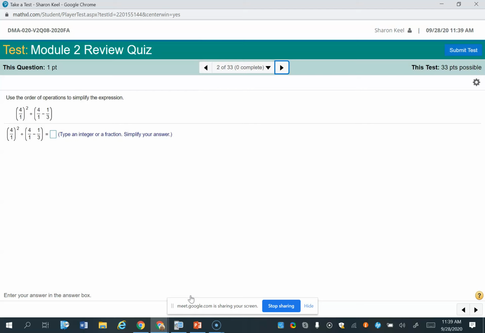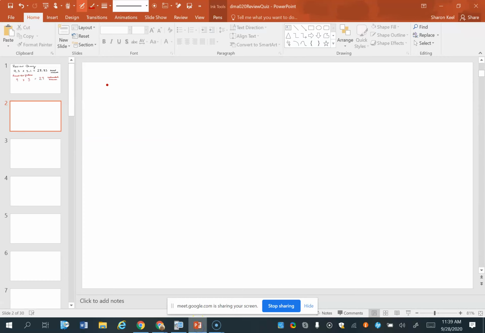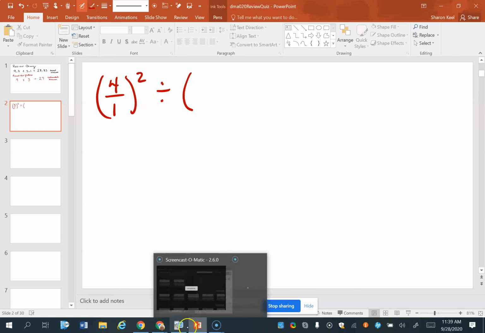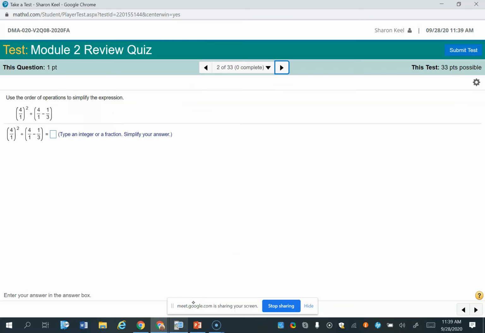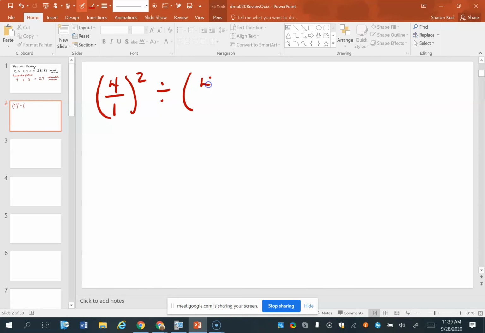Next, we have an order of operations. We have 4 squared divided by 4 minus 1/3. I would do this problem using both the calculator and simplifying as we go.